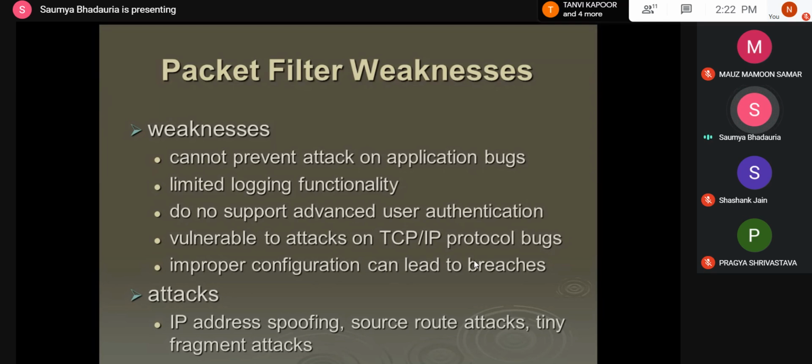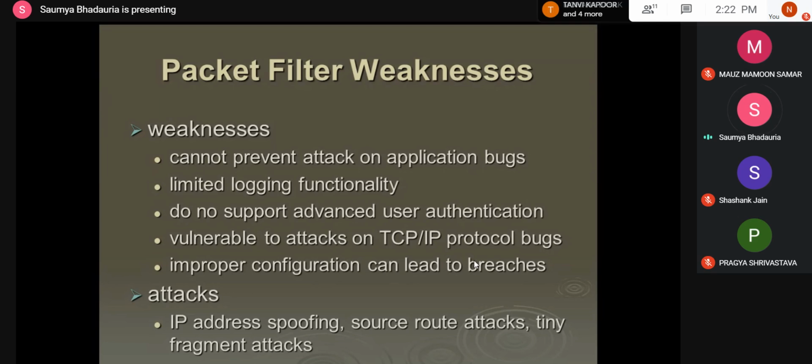How can it be used? Since only the first packet was checked by the firewall. Okay, so what can be done is that the intruder can modify the first packet so that it will have the valid information.